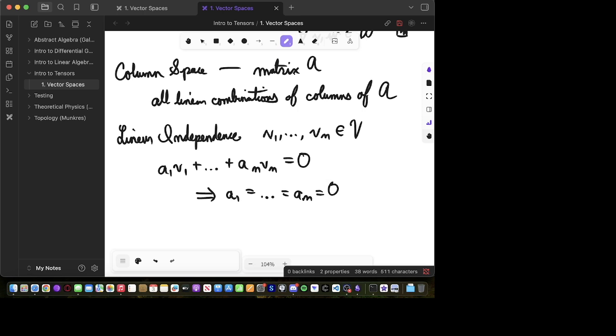So if the only way that the linear combination can equal 0 is if all the coefficients are 0, then those vectors are linearly independent.